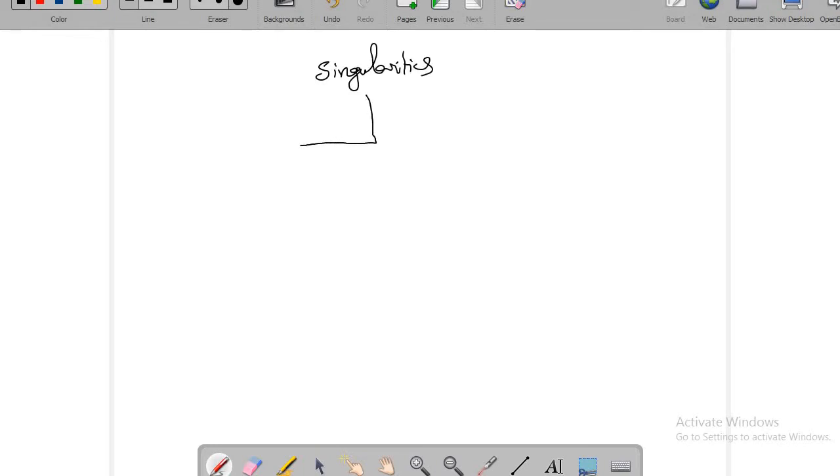So we define, okay, let me start with an example. Suppose I take this function f of z equal to the principal logarithmic function log z, and on this side I'll take this function f of z equal to 1 by z plus 1.